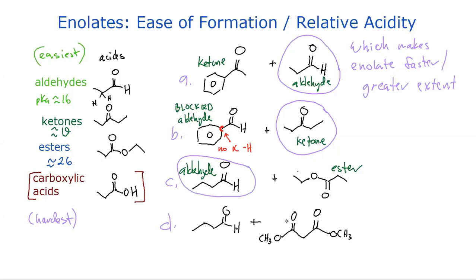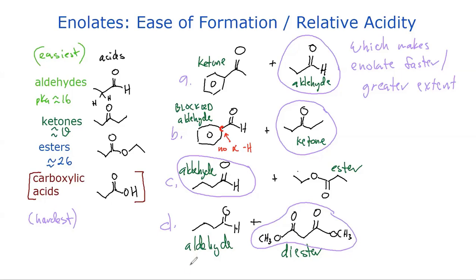However, if we consider an aldehyde and a beta diester, where we can take advantage of resonance on both sides, even though the aldehyde functional group forms an enolate much more readily than an ester, and notice that's by a power of 10 to the 10th, or 10 billion times better, when we add that second carbonyl group, that effect is still going to overwhelm that.